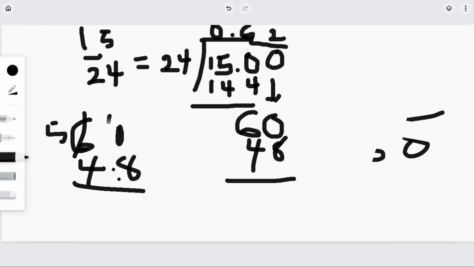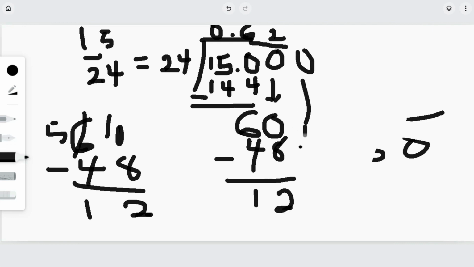And this will be 10. Now 10 minus 8, we are doing minus here, remember. I did not even write subtraction there, sorry. So this will be 2 and this will be 1, so we have 12 here. So that's how we are going to continue. Now write another 0 and bring that 0 down here. You understand? So that will be 120. I think maybe we should continue to do that.